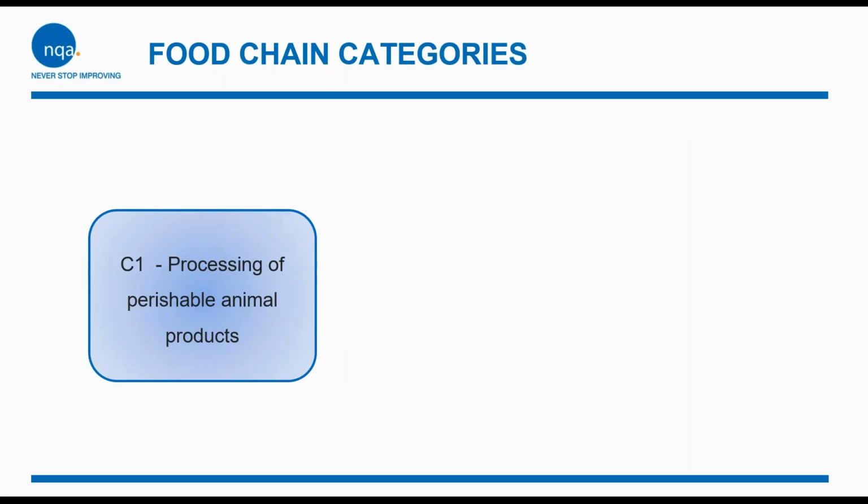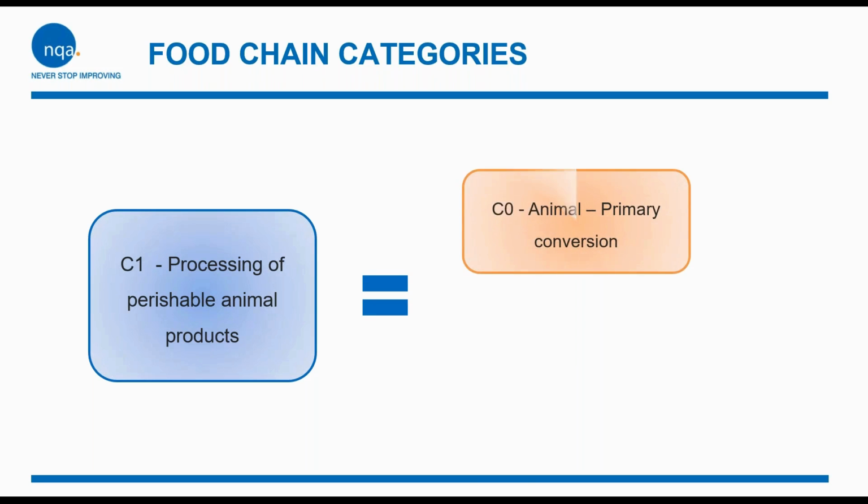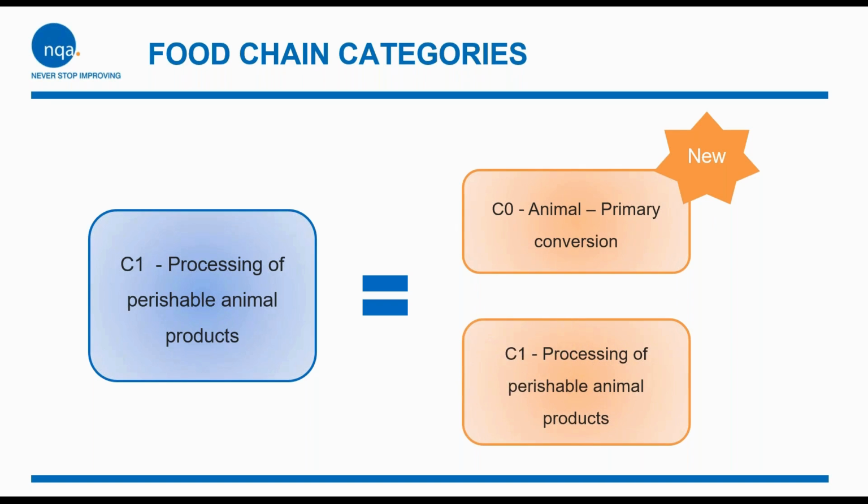So the updates to food chain categories. Category C1, processing of perishable animal products, has been split into C0, animal primary conversion, and C1, processing of perishable animal products.